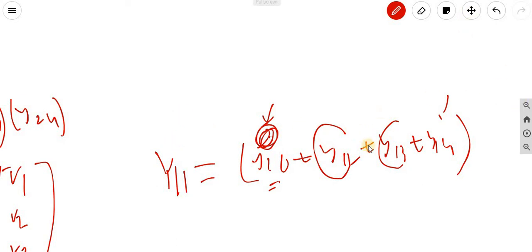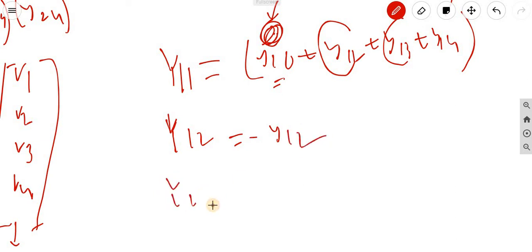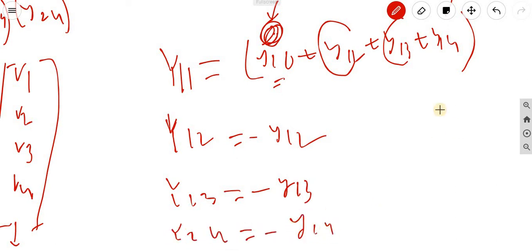For Y12, we get minus y12, Y13 is minus y13, Y14 is minus y14. Clear?